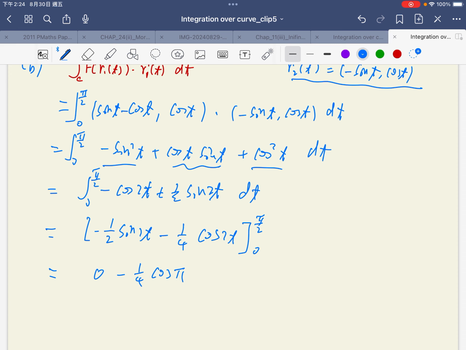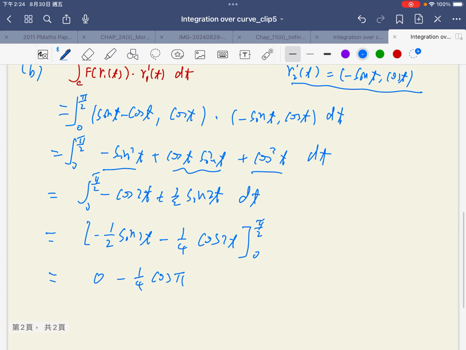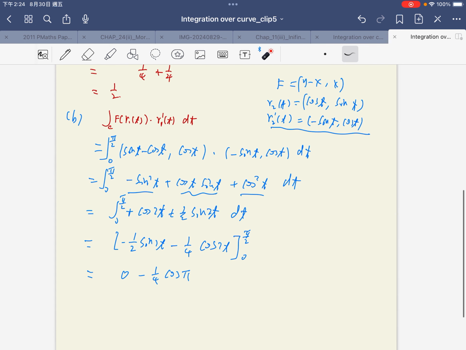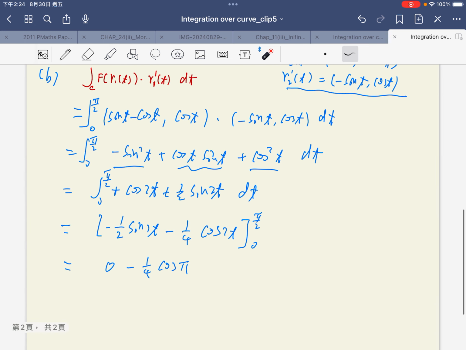Let me check. Sorry. This is positive because I make a mistake here. Cosine squared minus sine squared is equal to cosine 2t.